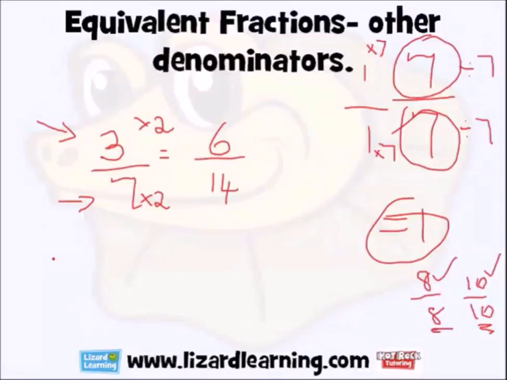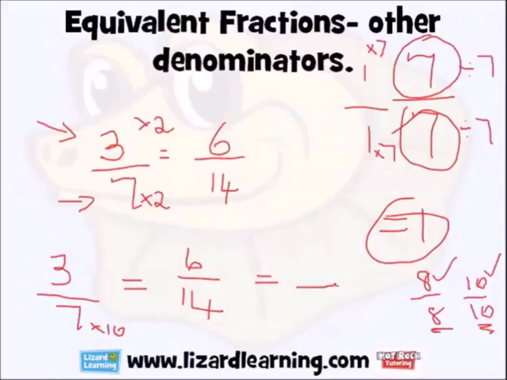Okay, so 3 7ths once again could be equivalent fractions. We've already done one of those, 6 14ths. What if I chopped the bits into 10 pieces? I'd end up with 70 bits.